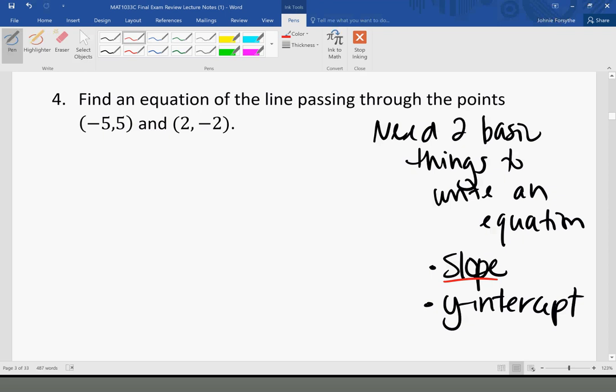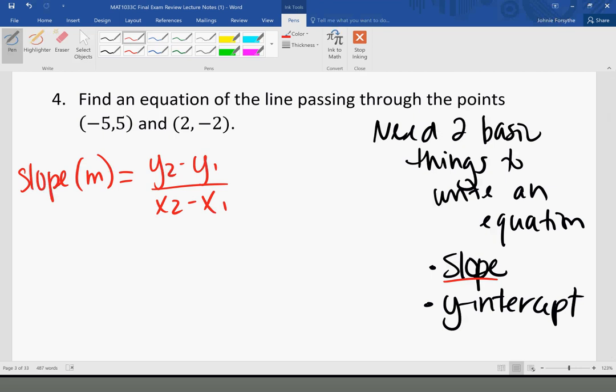So the formula to get the slope of a line given 2 points, we usually refer to the slope as m equals y2 minus y1 divided by x2 minus x1. So what you're doing is you're subtracting your y values and then dividing it by the difference of your x values. So it's helpful to label your points. So this is the first point. I'll call that x1, y1.